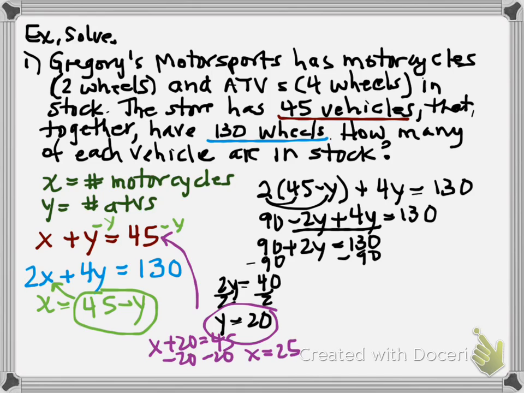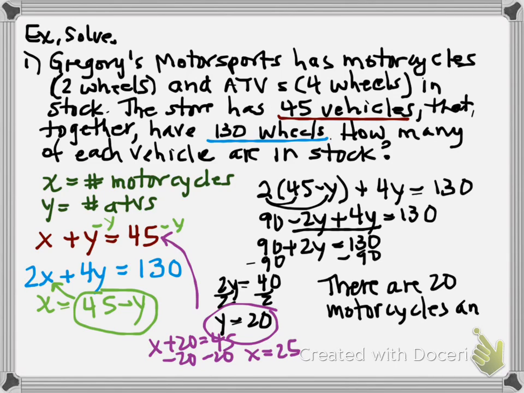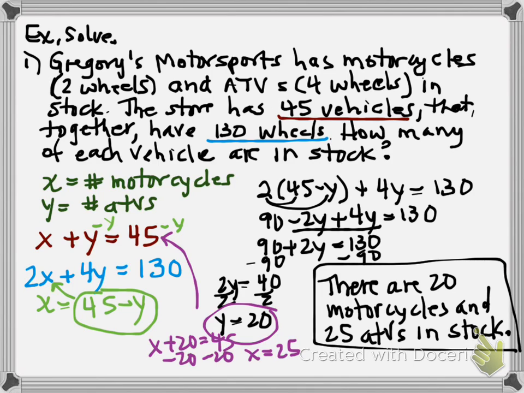So how I write my answer is this. There are 20 motorcycles and 25 ATVs in stock. Okay, and that's how I'm going to be writing my answer as a sentence.